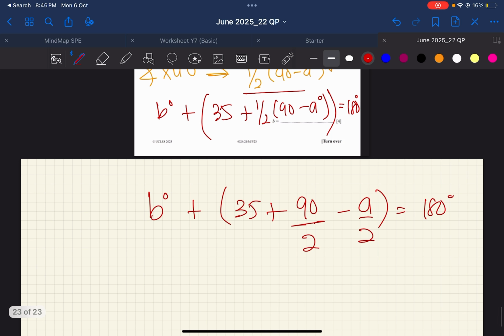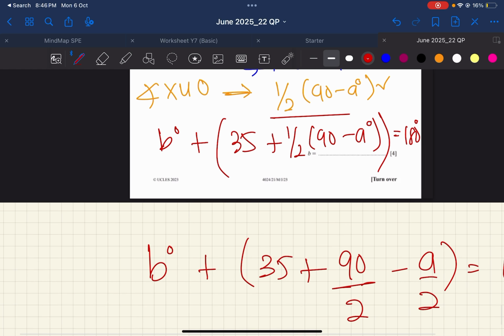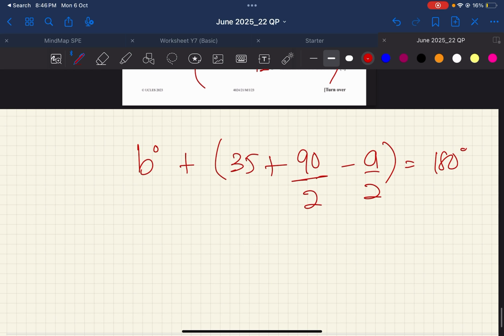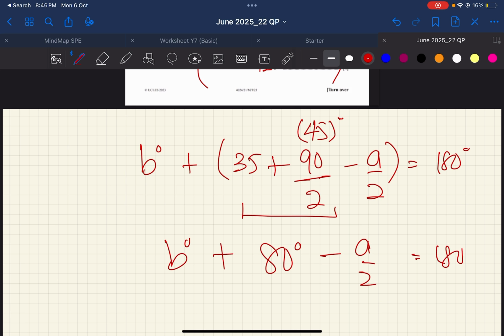Now it's just a matter of simplifying, because the question wants us to express B in terms of A. In other words, we want B equals something something A. So we want to make B the subject. Just simplification at this point. 90 divided by 2 is just 45. 45 plus 35 is 80. Is that right? 80 minus A over 2 plus B should give me 180.